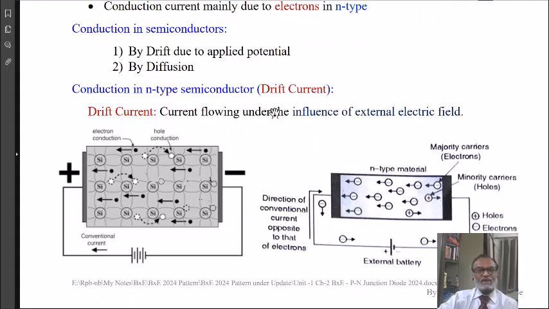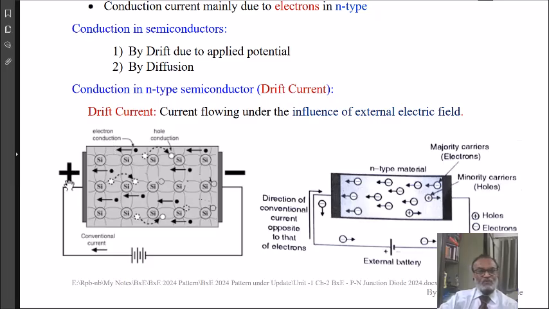Let us see the example of N type of semiconductor. In figure 1, we show an N type of semiconductor with the silicon atoms as well as impurity atoms. And here the electrons are shown by the black dots, whereas holes are shown by the hollow circles. You will observe that the electrons are more in the specimen and holes are fewer, because in N type of semiconductor, the majority charge carriers are electrons and minority charge carriers are holes.